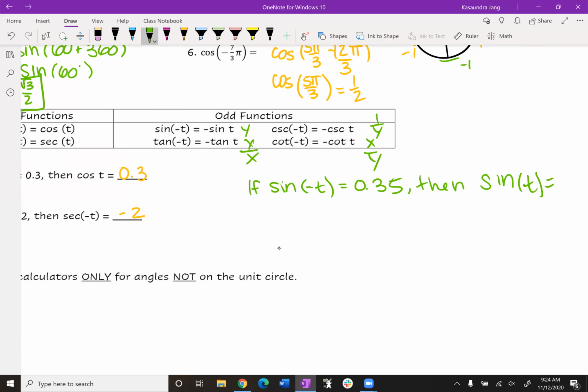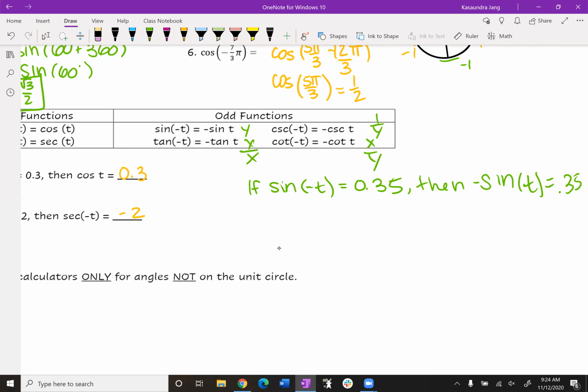Okay, so what this means is I'm gonna get a negative sine of t, right here, negative sine t, there you go. Then your negative sine of t should be the same thing. It should be a 0.35.